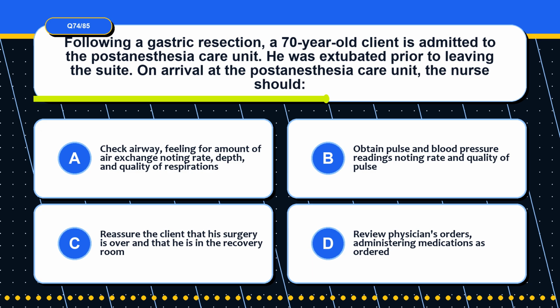Option B. Obtain pulse and blood pressure readings, noting rate and quality of pulse. Option C. Reassure the client that his surgery is over and that he is in the recovery room. Option D. Review physician's orders, administering medications as ordered.